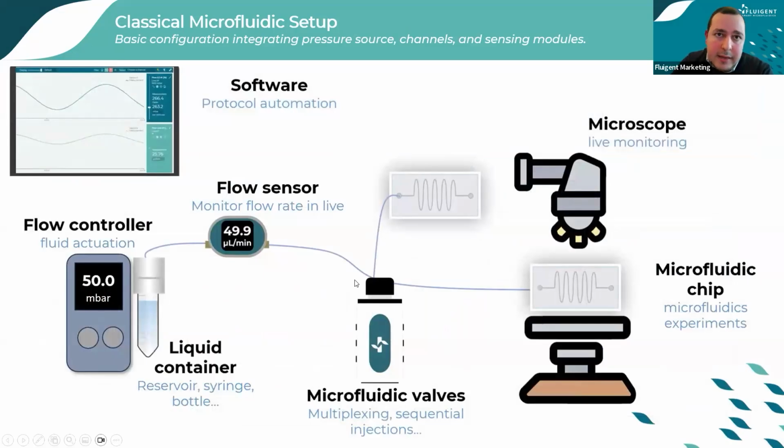There can be an optional valve if you are looking for more practicality towards the microfluidic chip. Classically, the microfluidic chip is observed under the microscope to see what's happening inside. And overall, the whole setup can be controlled via software, dedicated for the flow or the pressure, to control the overall system of the experiment.